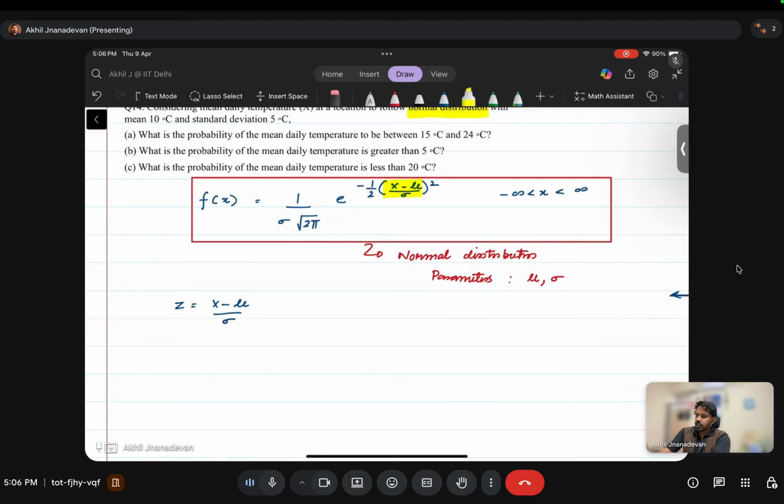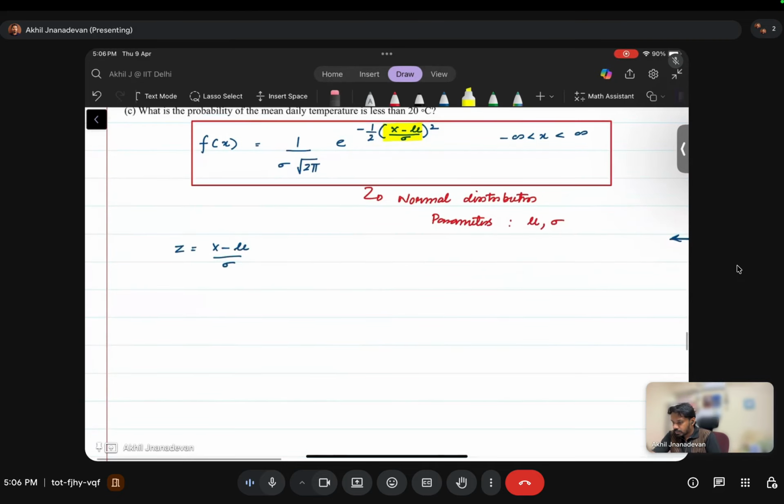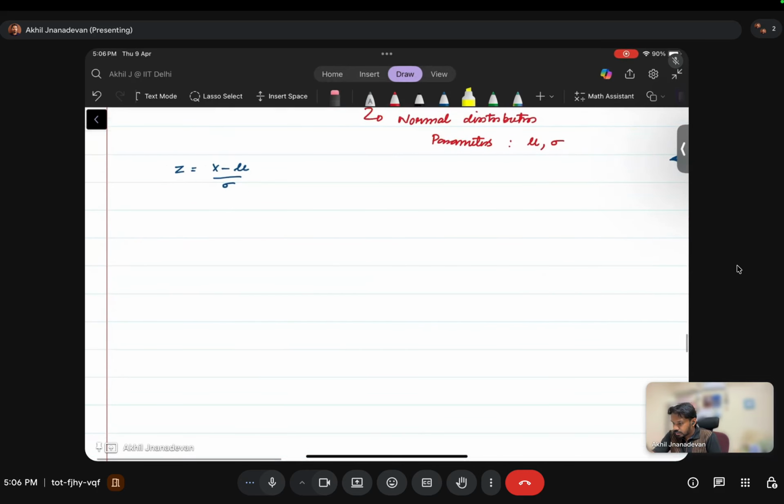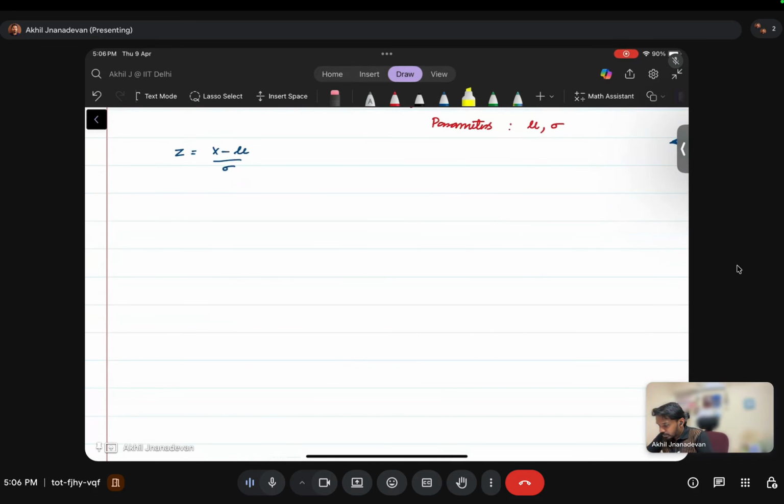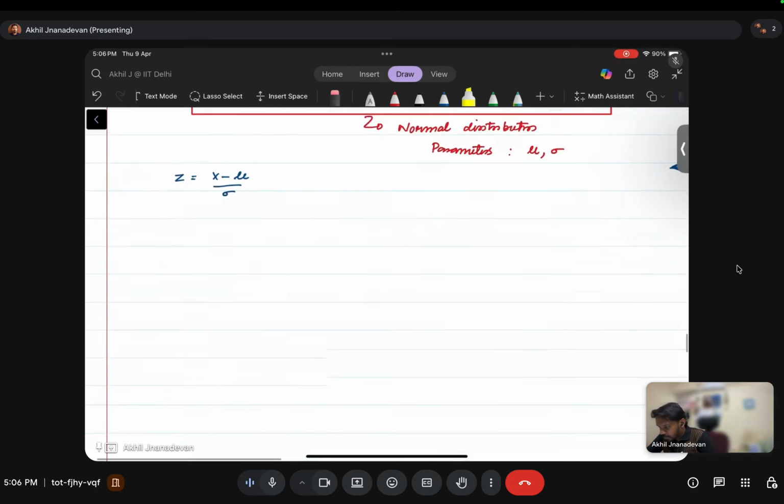We are assuming that x minus mu by sigma is equal to this, and we will be using this to define our standard normal distribution.